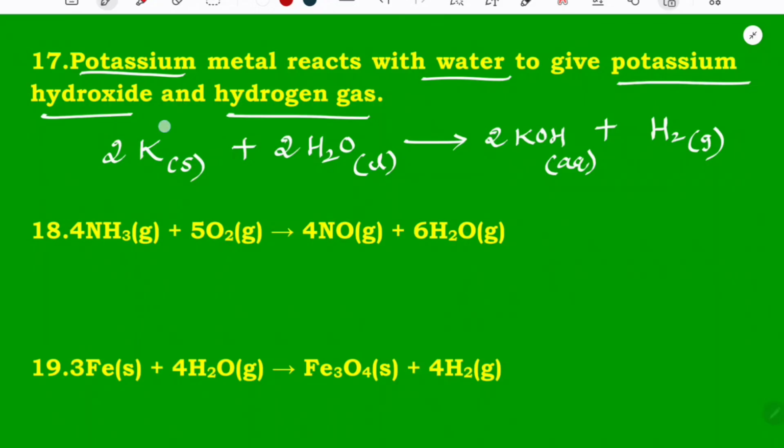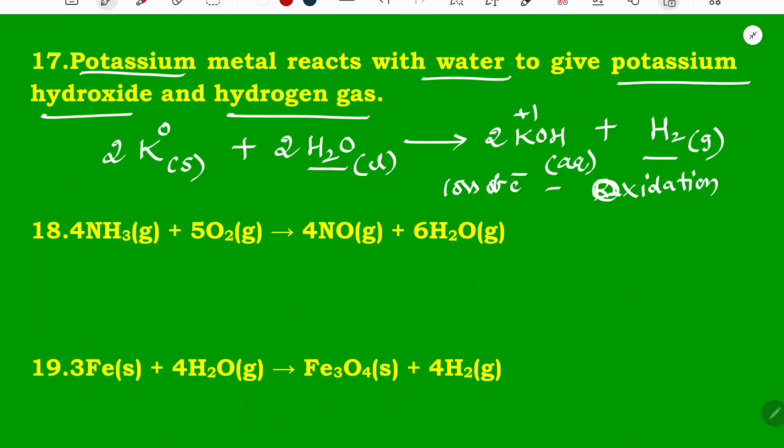So generally we can say this is 0 and this one is plus 1. 0 to plus 1 means what happens? Loss of electrons takes place. Loss of electrons means oxidation.